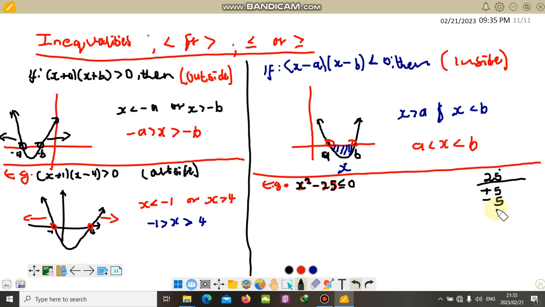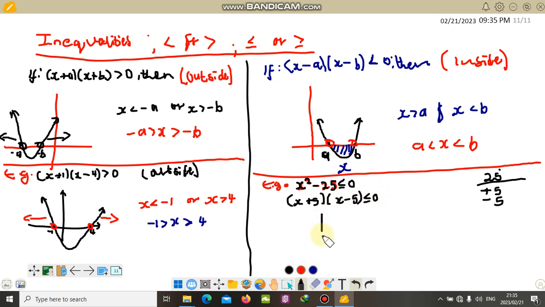Because it's the same number, you don't worry about which one takes the sign of the middle term. There's no middle term here. So this is going to be x plus 5 into x minus 5 less or equals to 0.